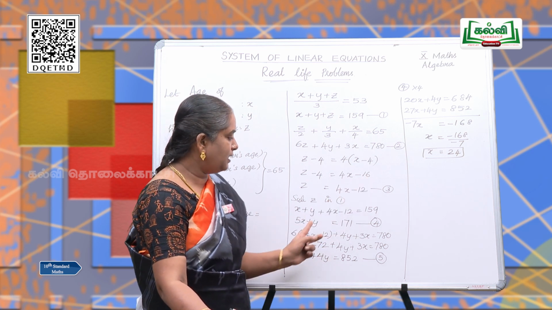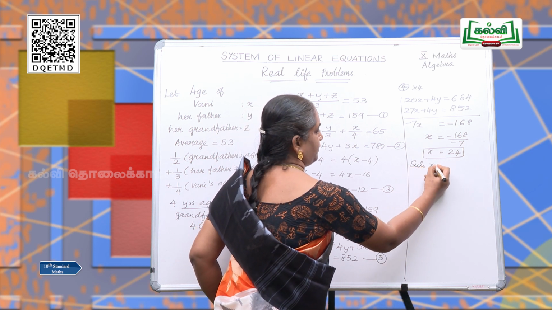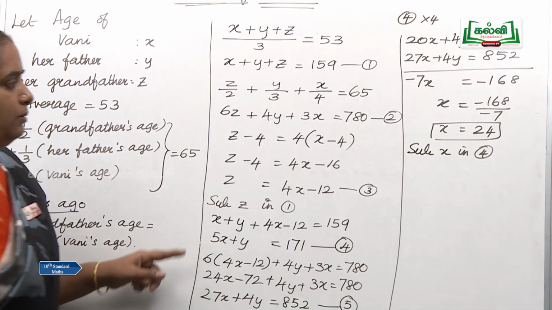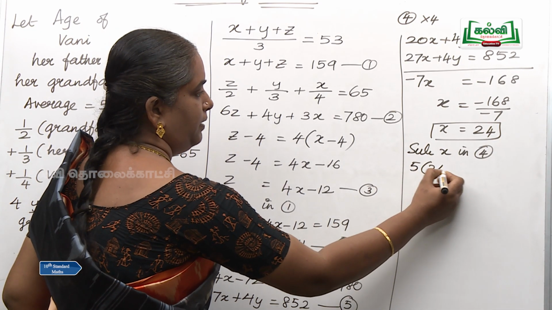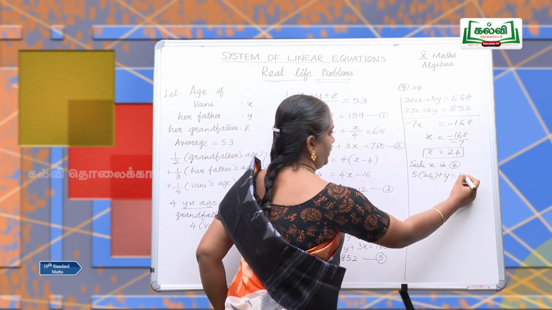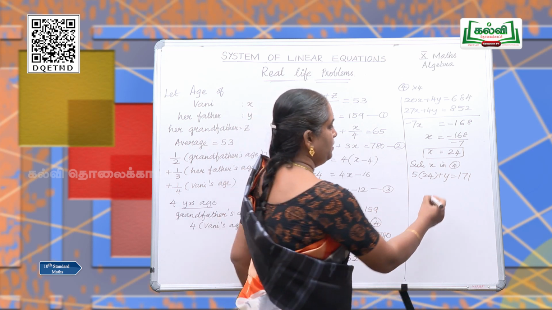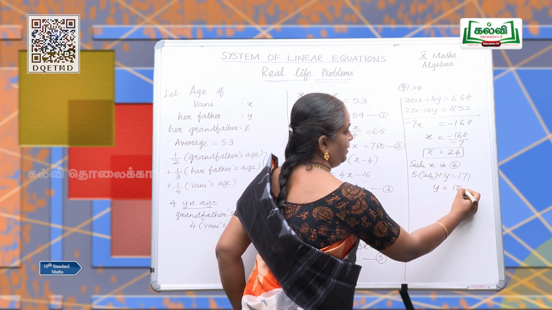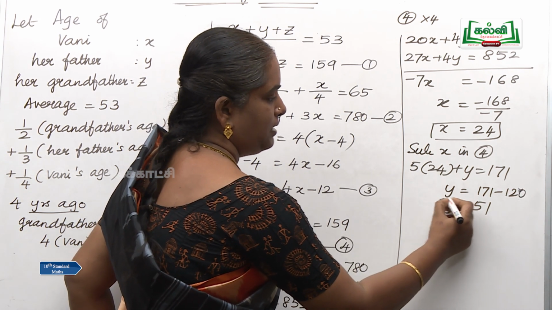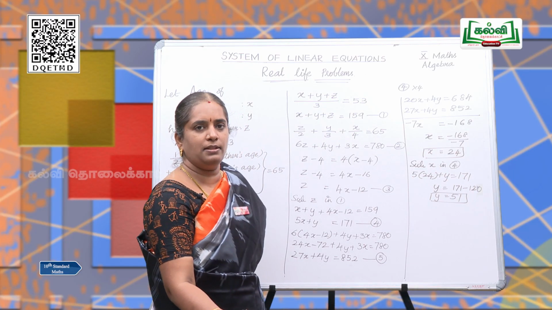So, substituting x in the fourth equation, we get 5 into 24 plus y is equal to 171. 5 into 24 is 120. So, y is equal to 171 minus 120, which is 51. Vani's father's age is 51.